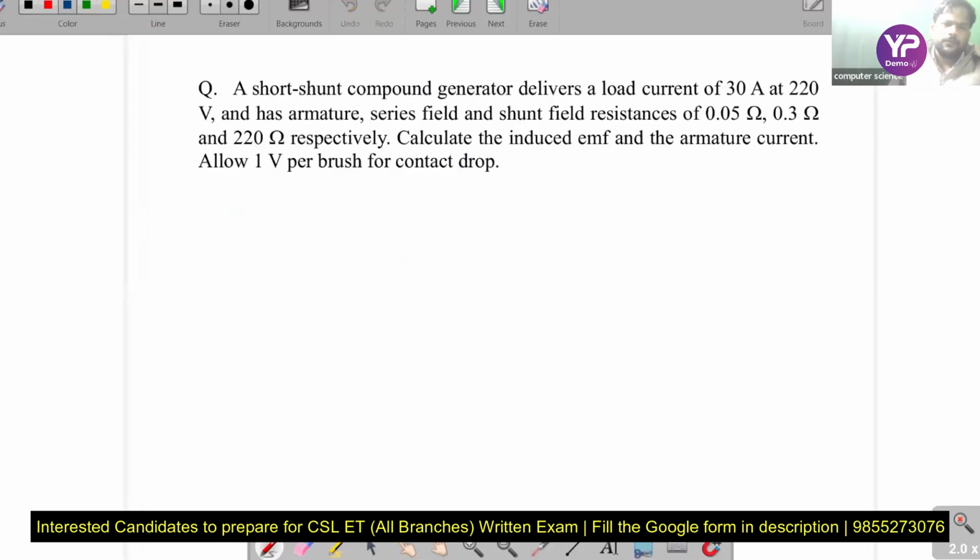Next, we solve the next question. The next question is a short shunt compound generator.